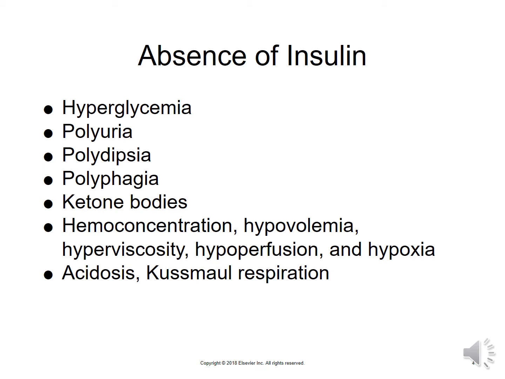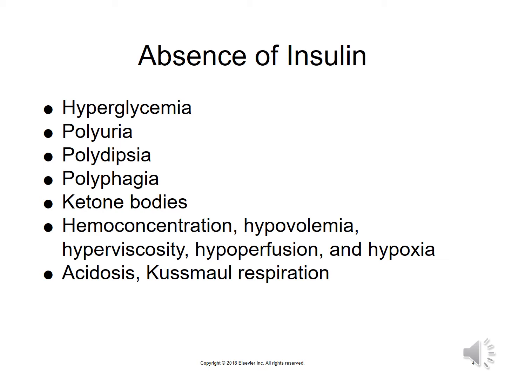Also, polyphagia, because glucose isn't entering the cells. You may have a high glucose, but your body still thinks that it's hungry because your cells are starving. There's no glucose inside the cell. And when the body perceives no energy source, then it triggers hunger to fix the problem.